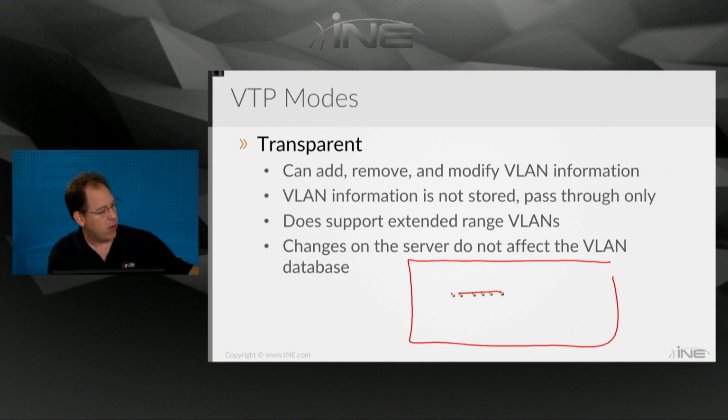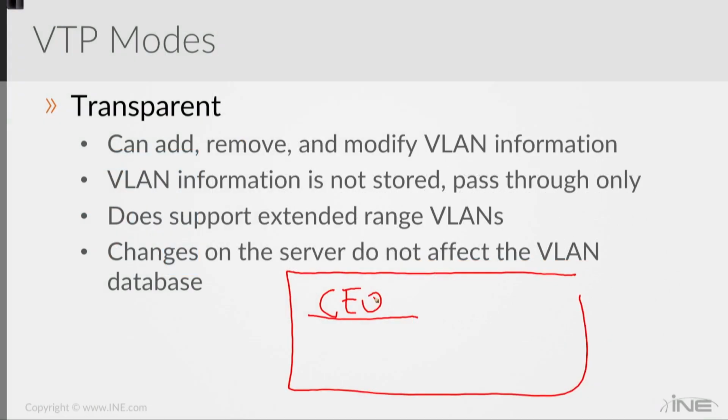And here on this floor is where our CEO happens to live. That's where his office is. And the switch that he's connected to, right there, that port is in VLAN, let's say, 2. So he's got his own VLAN, VLAN 2. And right now this switch is running VTP. And the revision number that everybody is synchronized to is, let's say, revision 11.